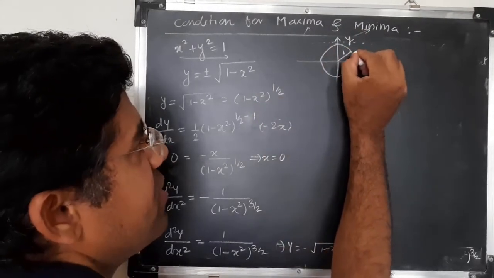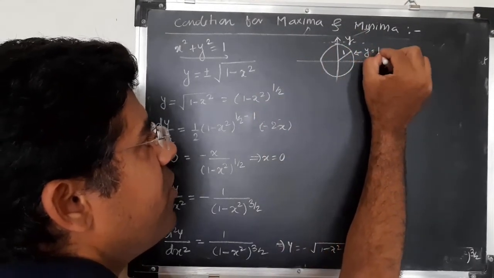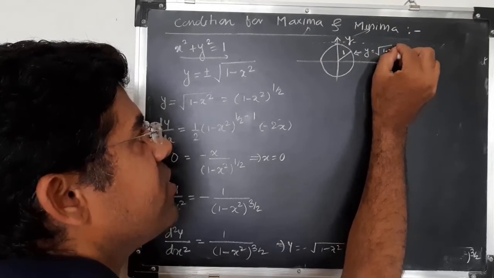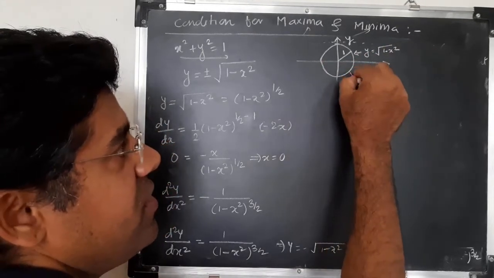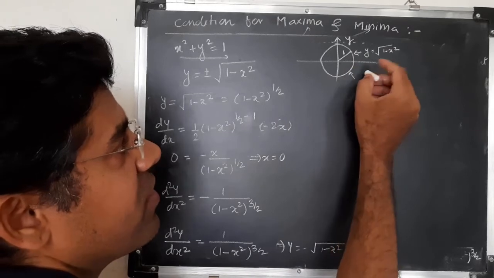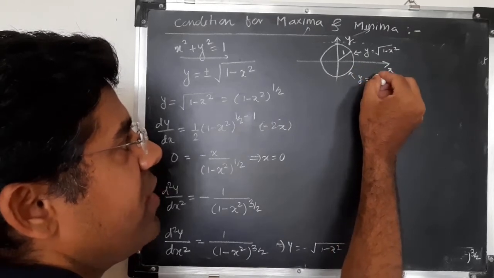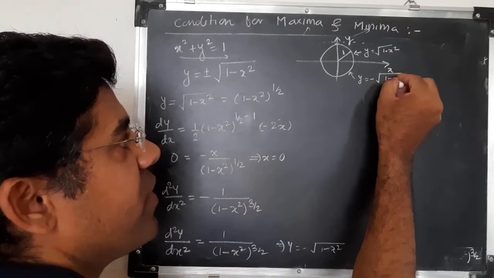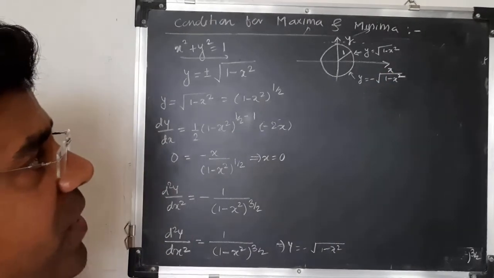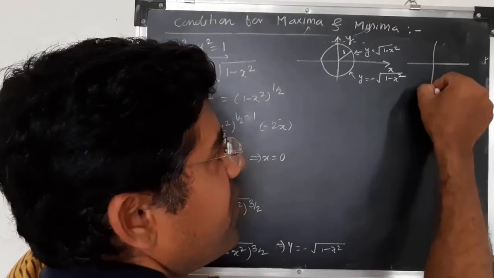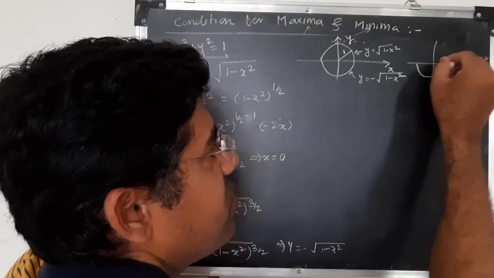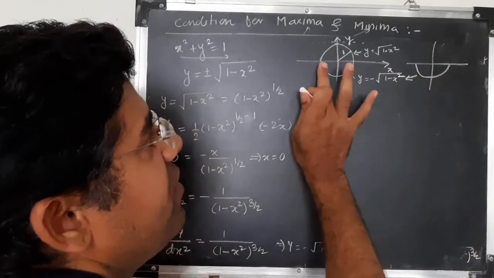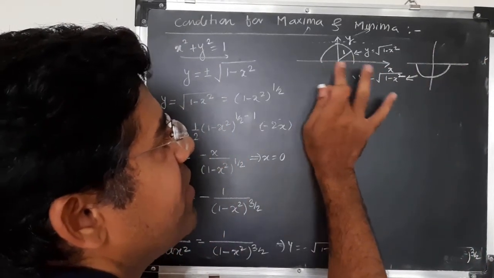See, this is the graph y is equal to under root of 1 minus x square. This is the positive half. This negative half indicates y is equal to minus under root of 1 minus x square. If you plot a different graph, the nature is just like this one for this. And for the positive case, I will get only this much.